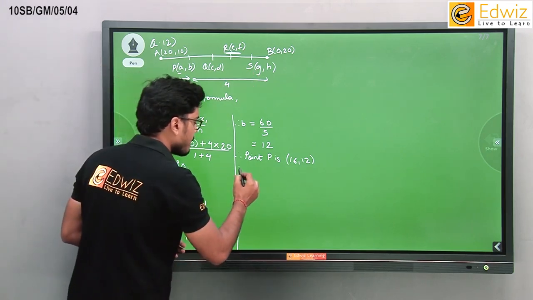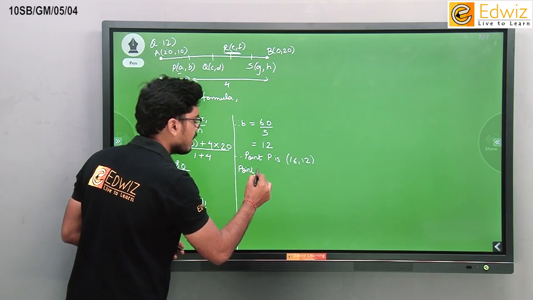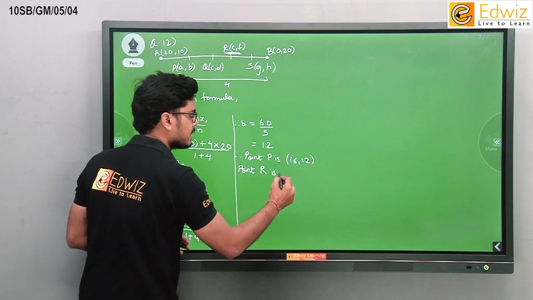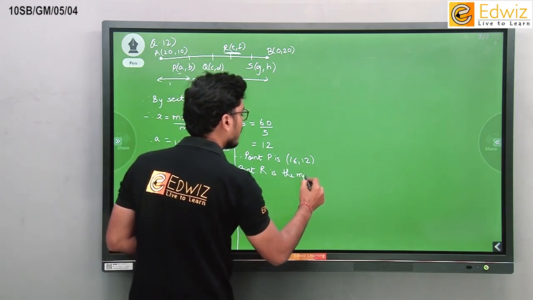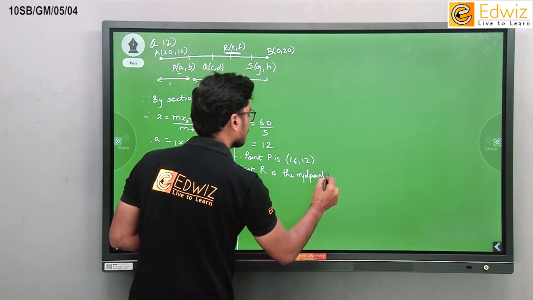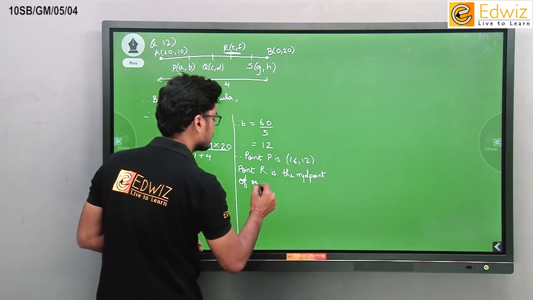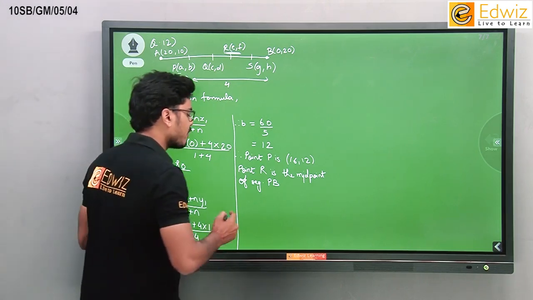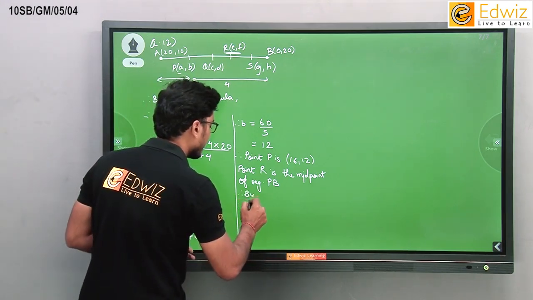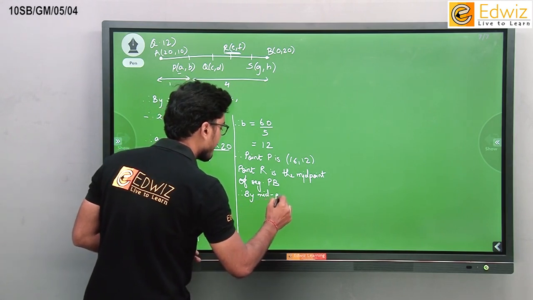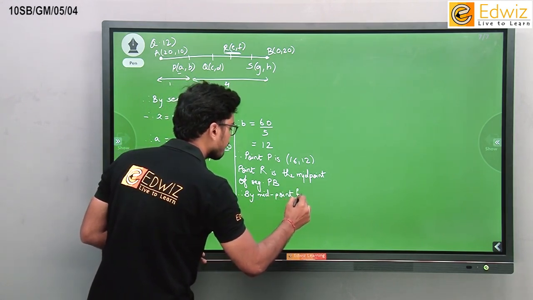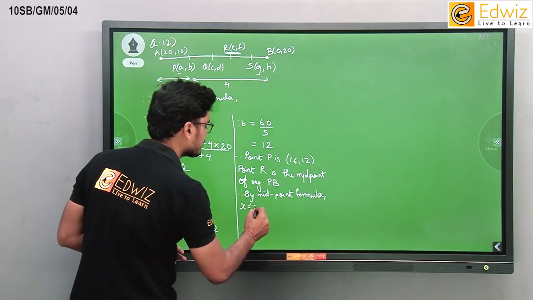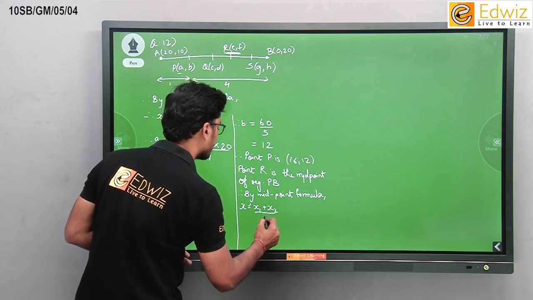Okay, so point R is the midpoint of segment PB. Okay, so we can directly use the midpoint formula. Therefore, by midpoint formula, x coordinate क्या होता है? x1 plus x2 divided by 2.